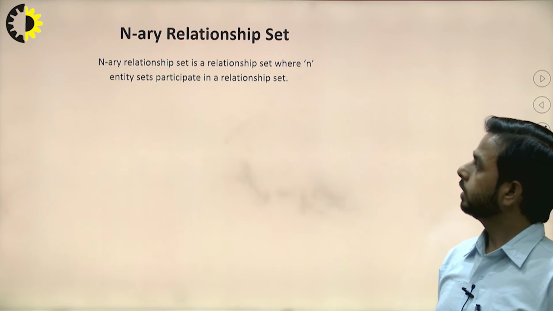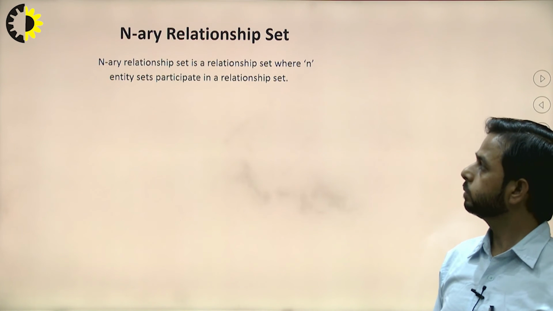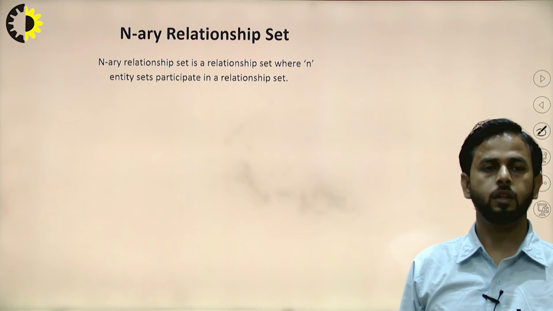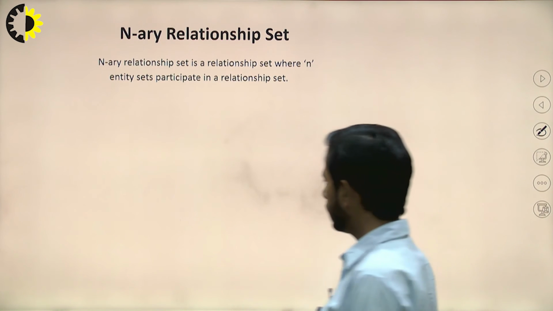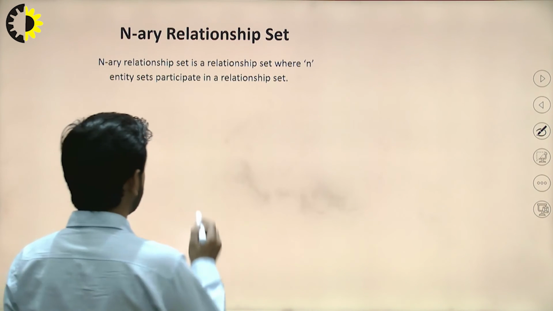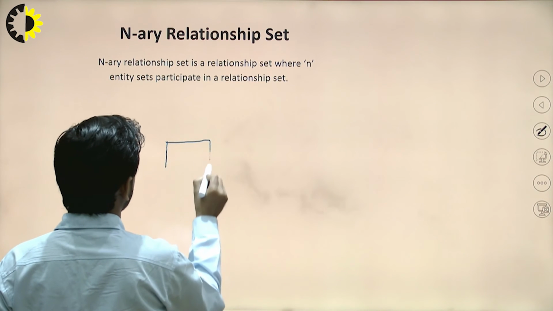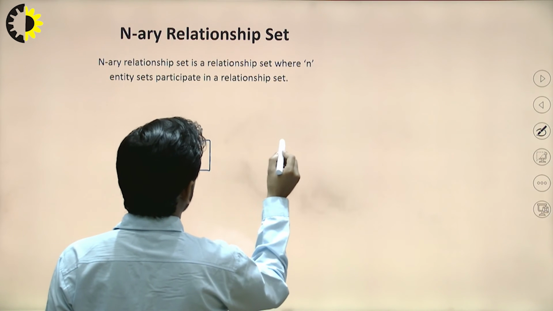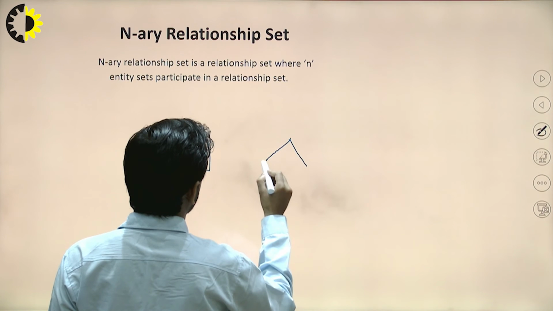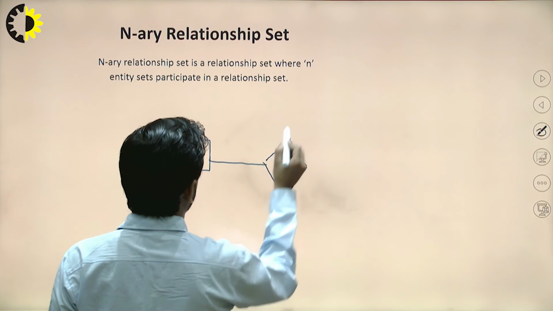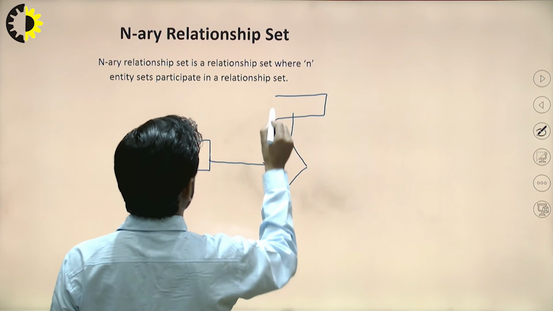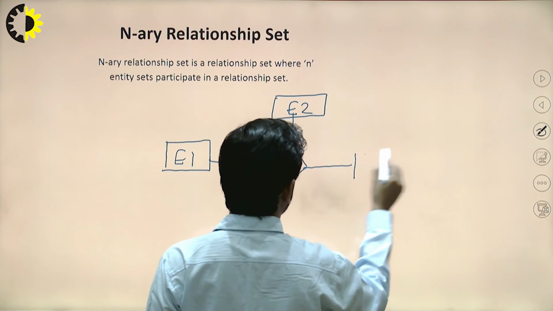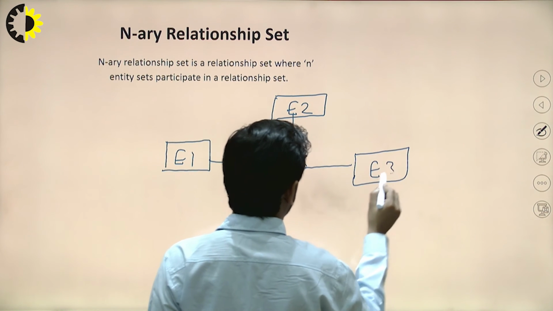Next is the N-ary relationship set. An N-ary relationship set is a relationship set where n entity sets participate in a relationship set. You can understand this as follows: there is entity E1, and there is some relationship set, there is entity E2, and there is entity E3, and so on.